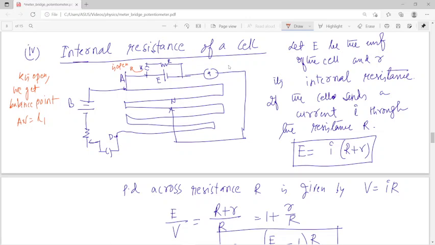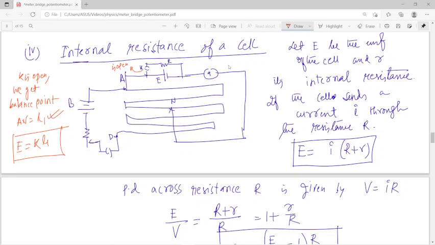In that case, when K is open, the cell is not giving any current, so the potential difference across its terminals is equal to the EMF, because no resistance is connected there. It is balanced against the length L1. If K is the potential gradient, we get E is equal to K L1.